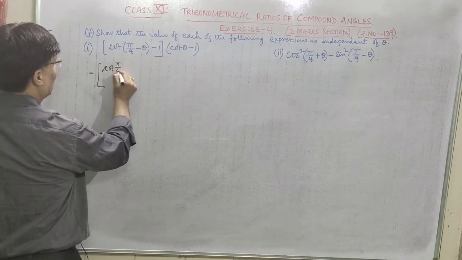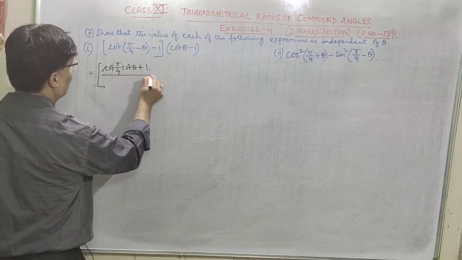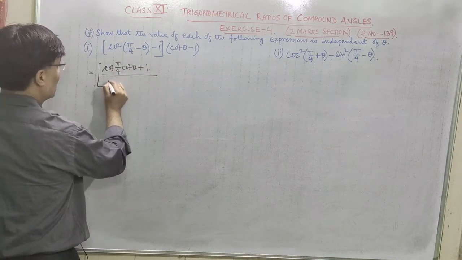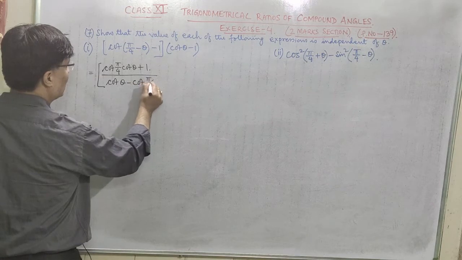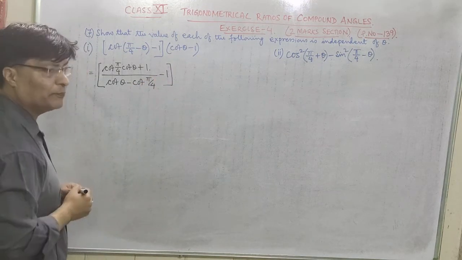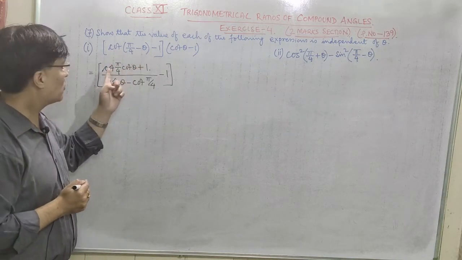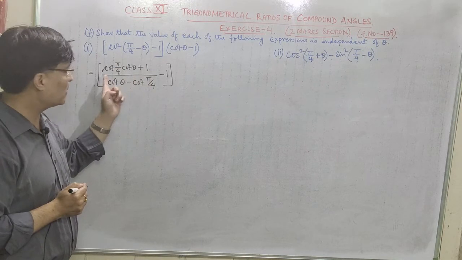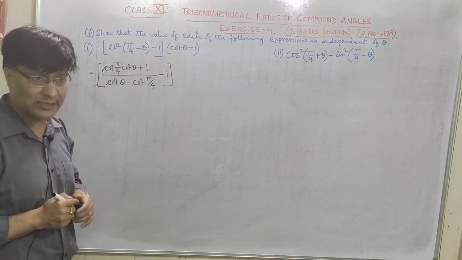Cot a cot b plus 1 divided by cot b minus cot a. So it is cot theta minus cot pi by 4. Then write down minus 1. Okay. So that is the formula cot of a minus b. Cot a cot b plus 1 divided by cot b minus cot a. Here a is pi by 4 and b is theta.